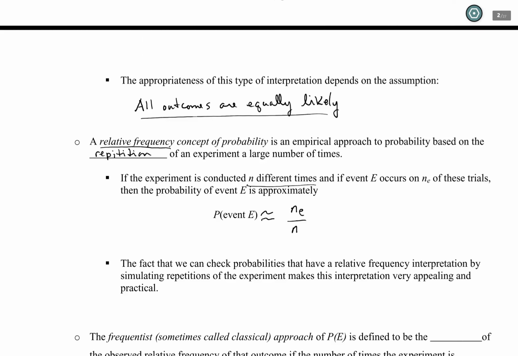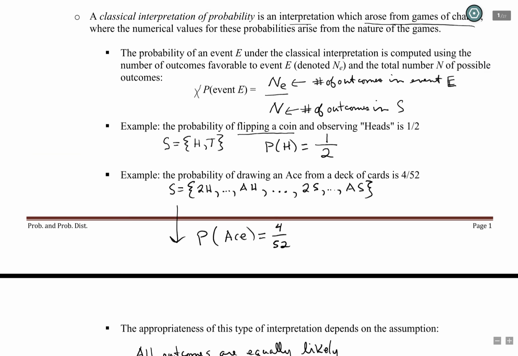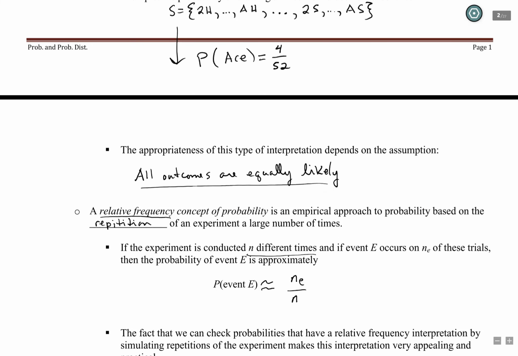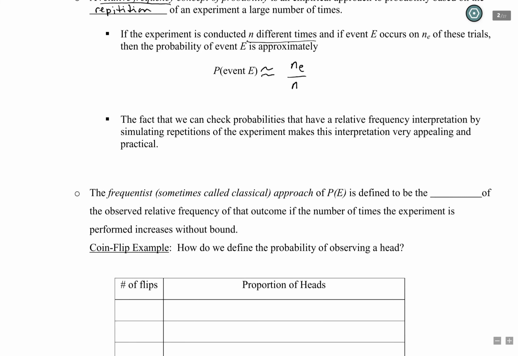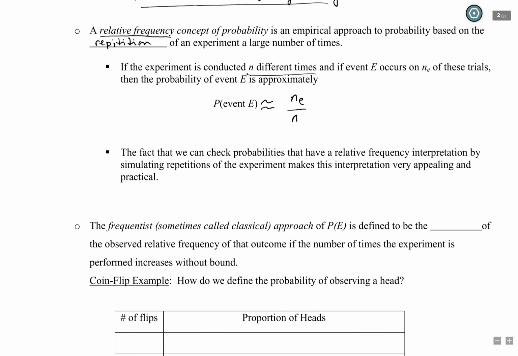Now you may look at this formula and think, well, it looks a lot like this one here, but the difference is capital N here is the number of outcomes in the sample space, the number of possible outcomes from the experiment. Little n here is the number of times this experiment is repeated.